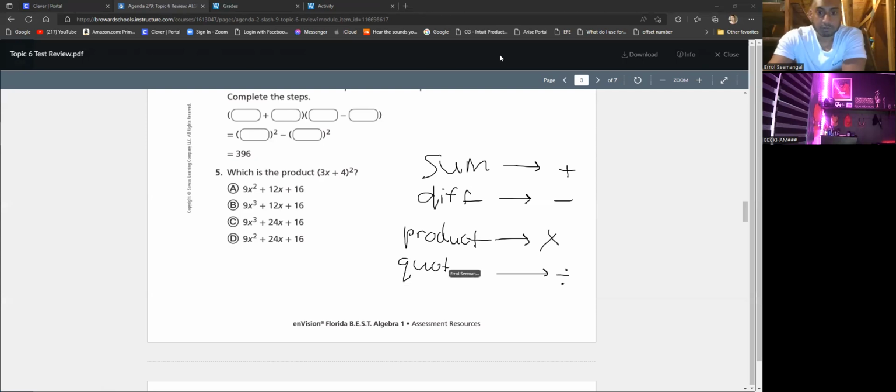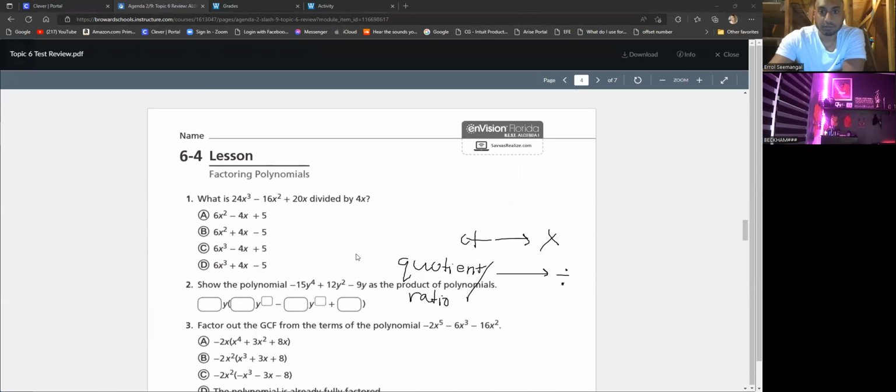Quotient or ratio, or fraction. All mean the same thing, division.